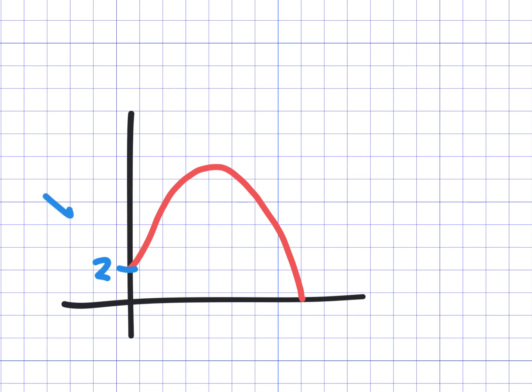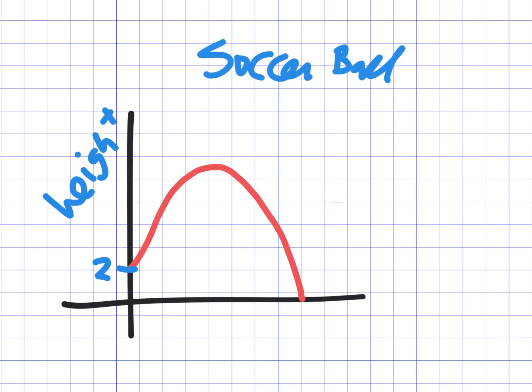All right, so this is the height. And this is about a soccer ball. And this is time. And let's say that that was at time 1, and this is in seconds. And this is at time 2.